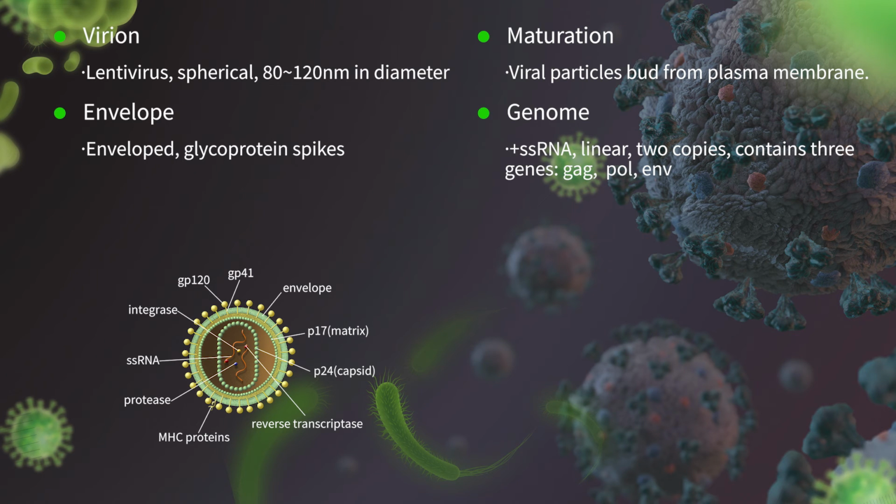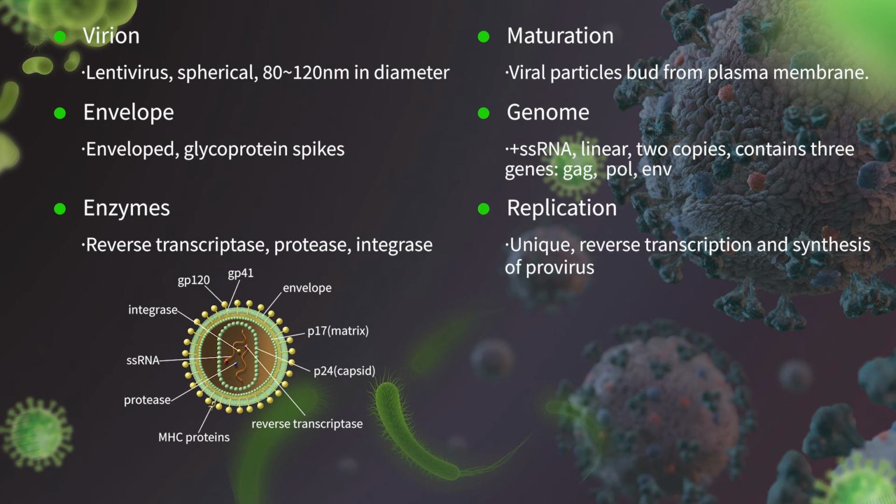The genome consists of 3 major genes that encode polyproteins. Moreover, the virion also contains some enzymes, including reverse transcriptase, protease, and integrase. HIV undergoes a unique replication cycle with the reverse transcription and the synthesis of provirus.